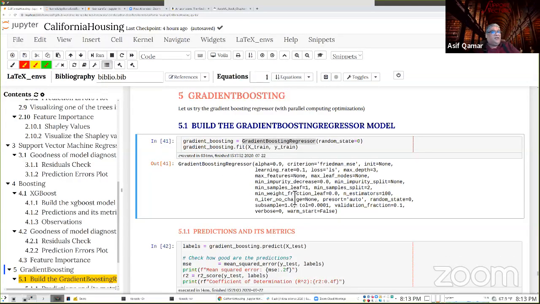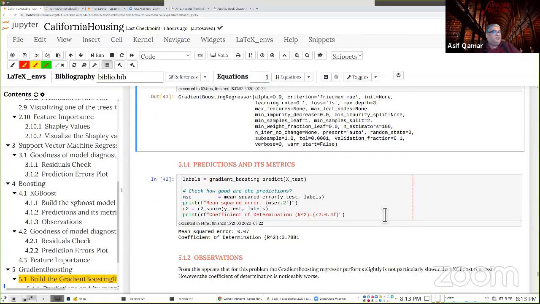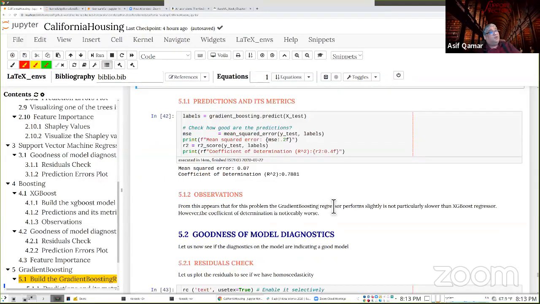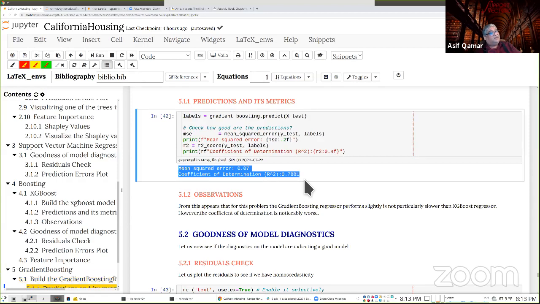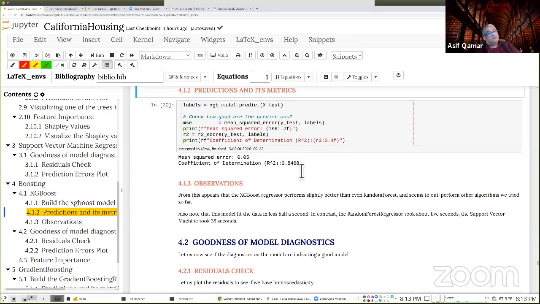Again, you have a lot of hyperparameters in the model that you have to play with. The prediction, oh, what do you notice? Remember, that was 0.84 with XGBoost, 84.68%. And here, what do you get?